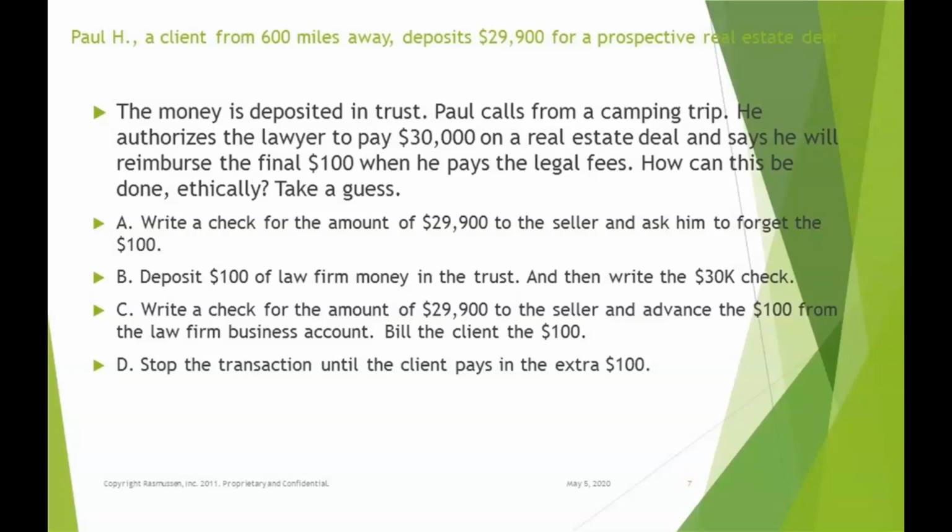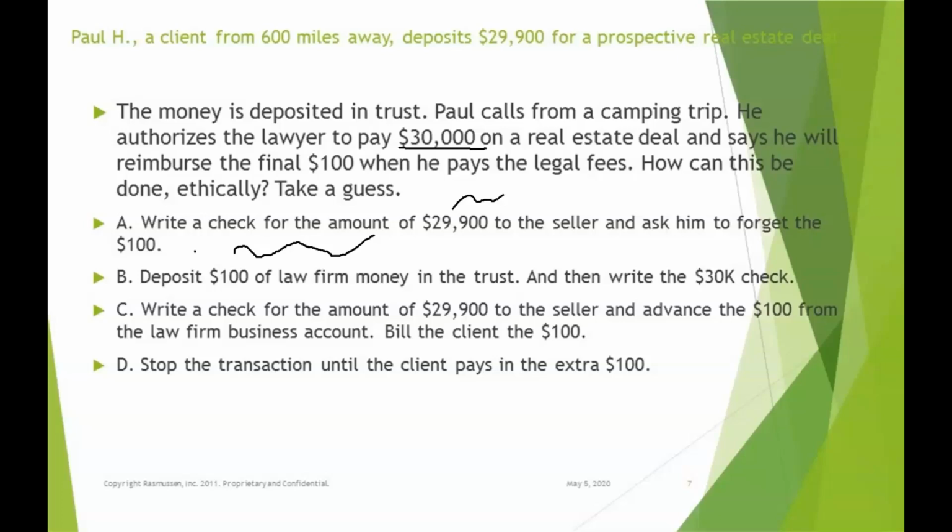A, this one's kind of questionable. The client said he was going to pay $30,000. How can we pay less than that, even though it's to the client's benefit? The client didn't authorize us to negotiate $100 off the price. So I don't think A really is perfect, although it's kind of questionable.